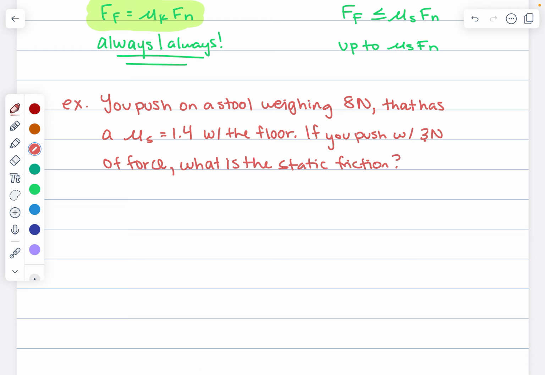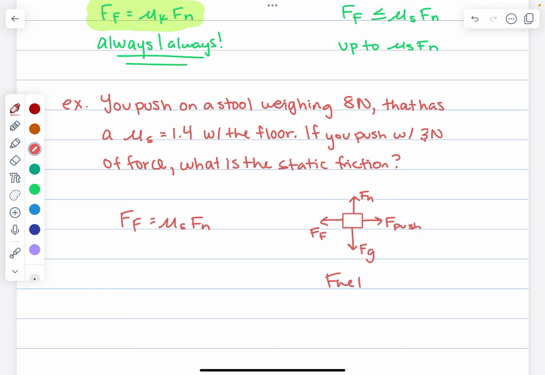So you could say, oh, this is no problem. I have an equation for this. FF equals US Fn. I'm going to draw my free body diagram to check Fn. So this would be Fg, Fn, F push, and friction. My F net in the y direction would just be Fn minus Fg.